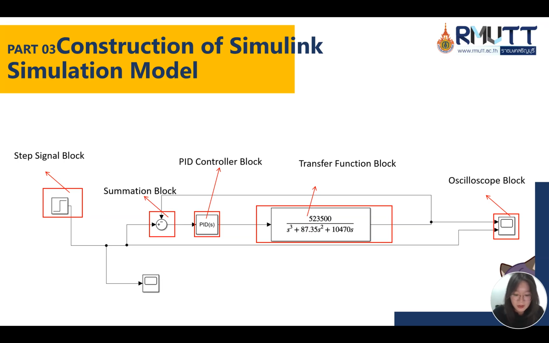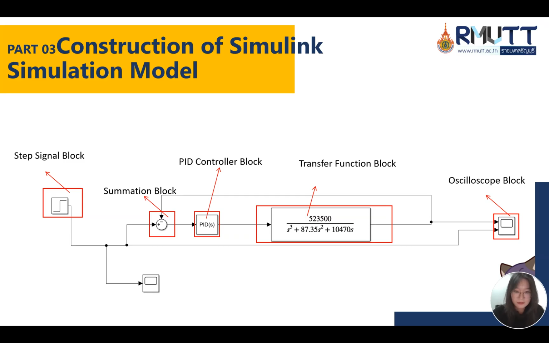It provides the error to the PID controller. The PID controller performs proportional, integral, and derivative operations based on the error, and the parameters will be described in detail later.